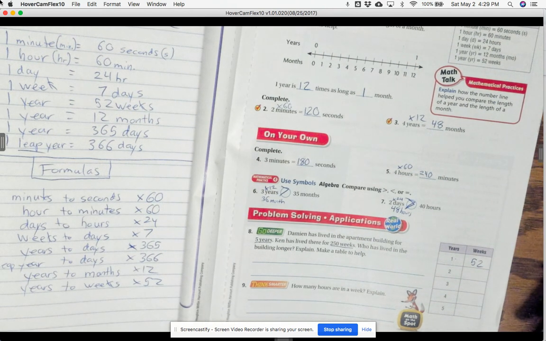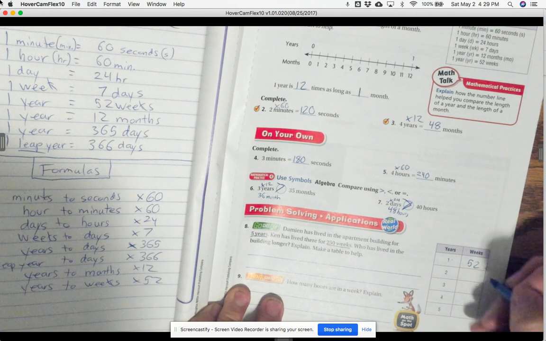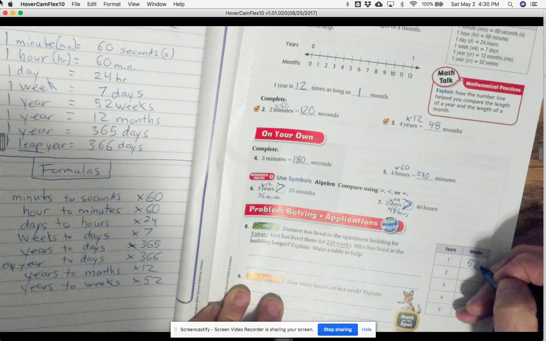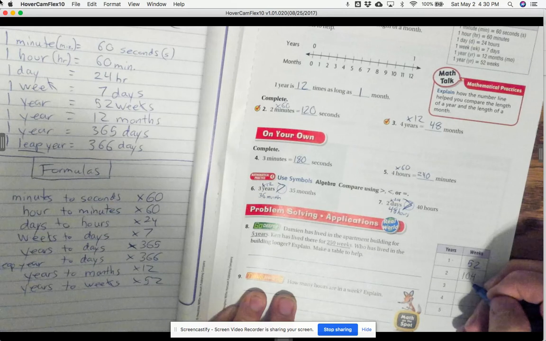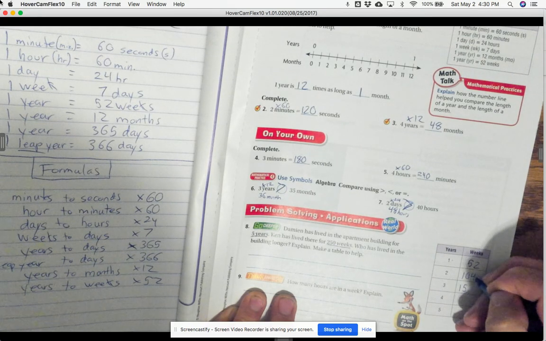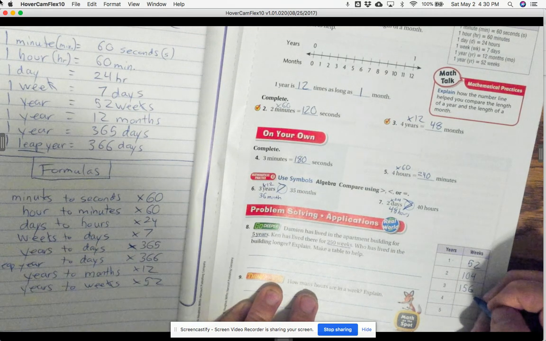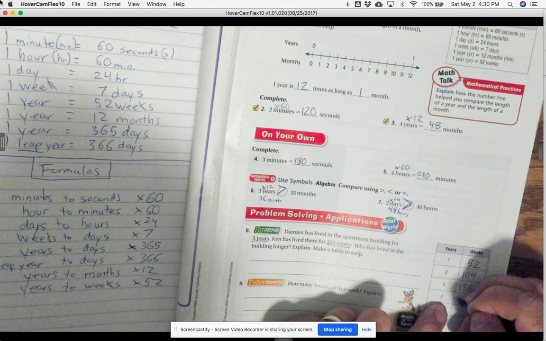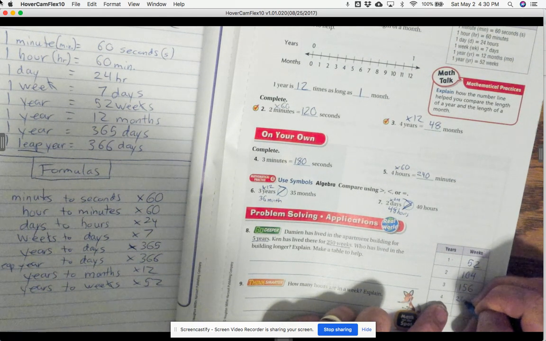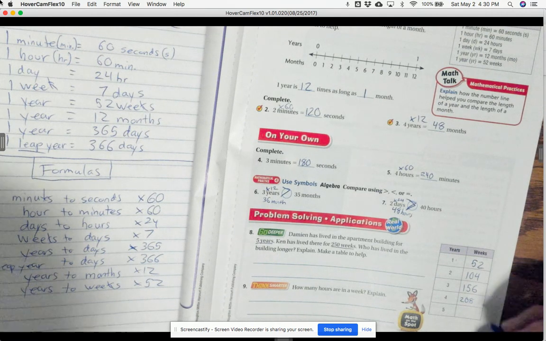I can multiply or just use repeated addition here. 52 plus 52, well, 50 plus 50 is 100, and 2 plus 2 is 4, so 104. 104 plus 52, 154 plus 2 is 6, and then adding 52 to that. 150 plus 50 is 200, 6 plus 2 is 8, and then adding 52 to that.